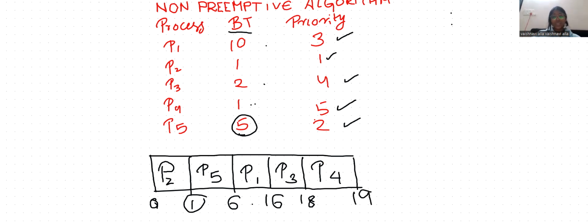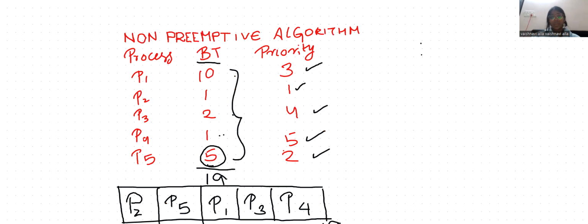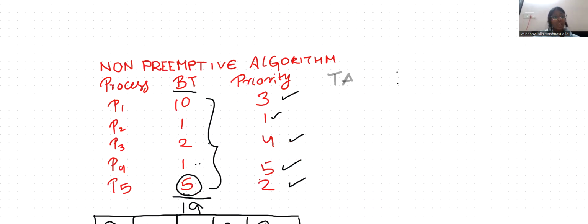Now, to understand whether the Gantt chart's calculation is correct or not, we can figure it out by adding the sum of all the burst times. When we add the whole burst time, we get 19, due to which we can say that our Gantt chart's calculation is correct. Next, we are going to find the turnaround time. To calculate the turnaround time, we need completion time minus arrival time. Since we have not mentioned an arrival time, we are going to take this as 0.